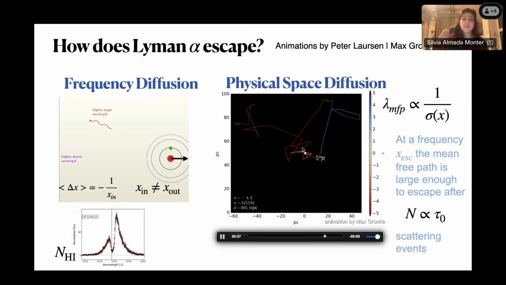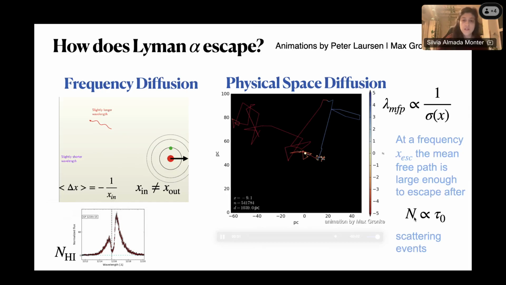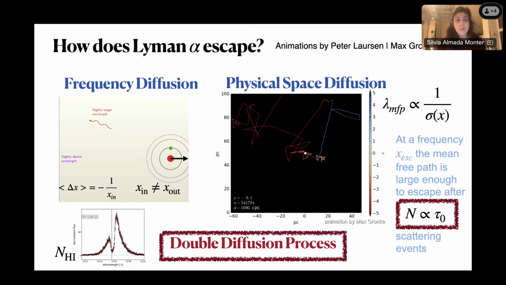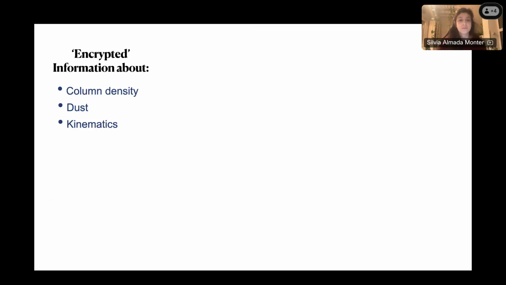As you go with more scatterings, there is an increased probability of transmission, because it might be that the Lyman-α photon mean free path became extremely big, and then it could jump out of the gas cloud. So Lyman-α escapes through a double diffusion process, and this is done also through scattering.